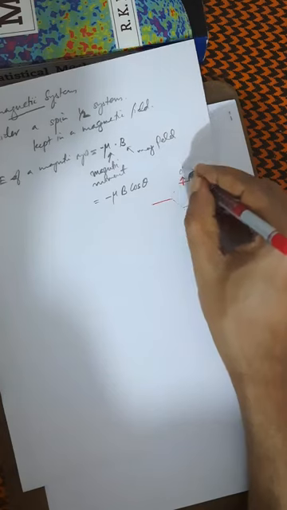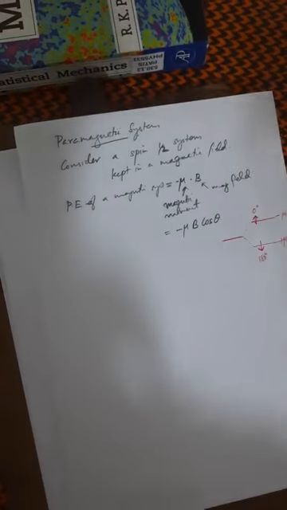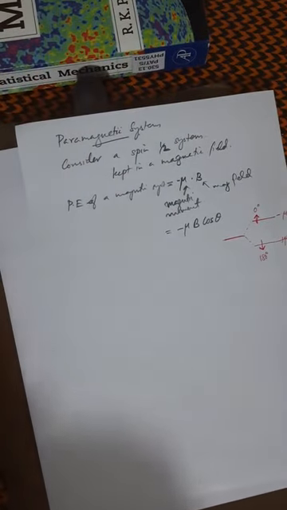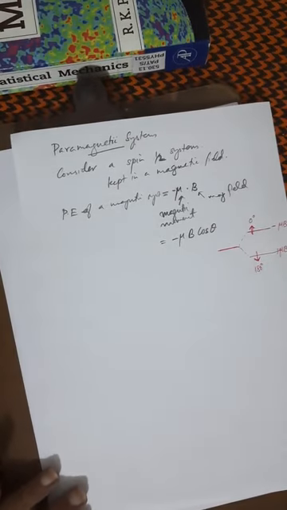So this is 0 degree, this is 180 degree, and here I have the energy minus mu B, and here I will have the energy plus mu B. Minus mu B and plus mu B.